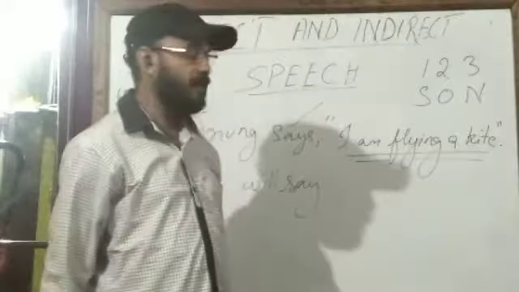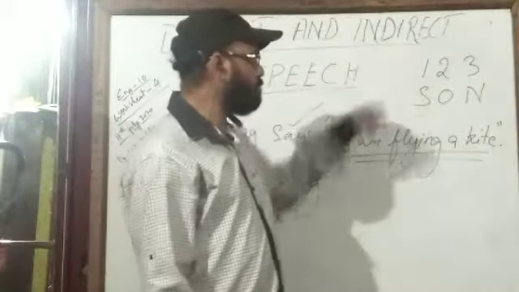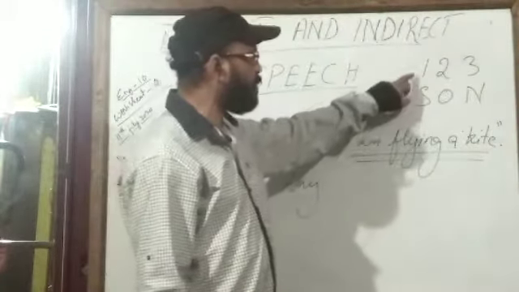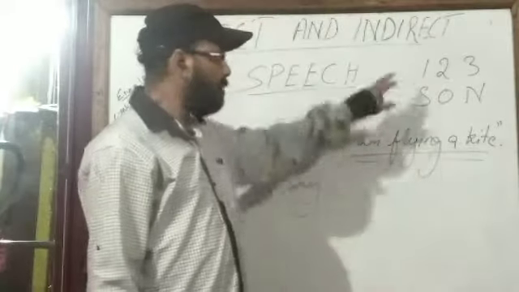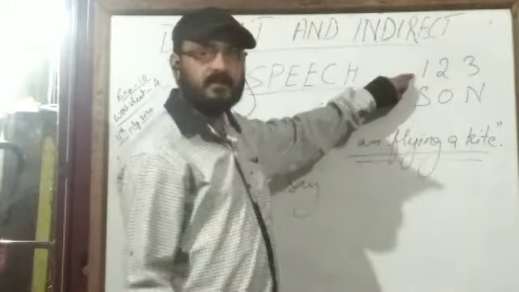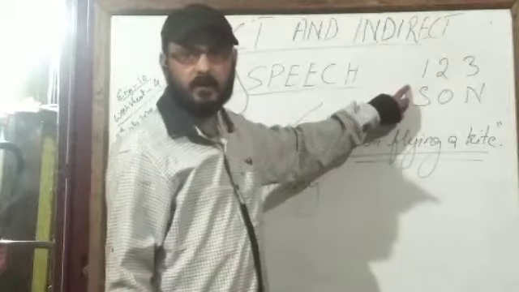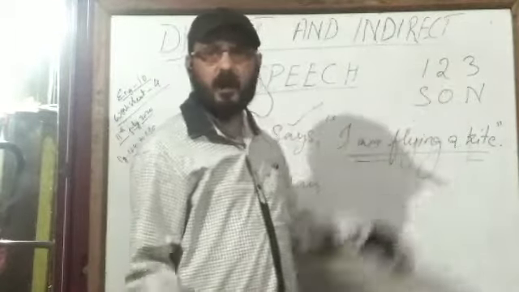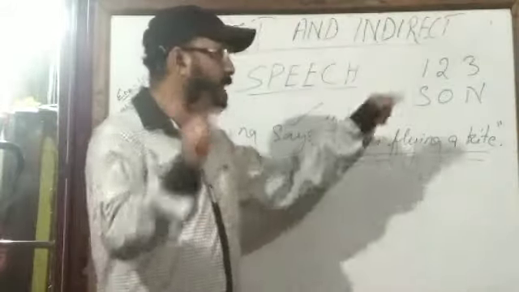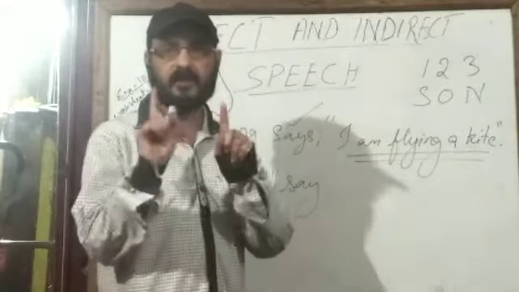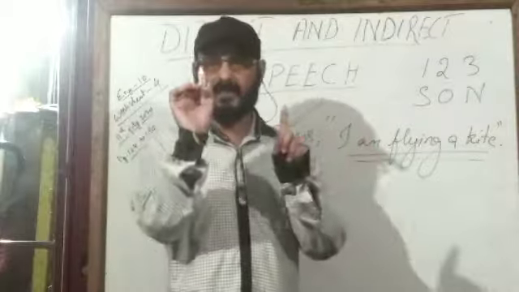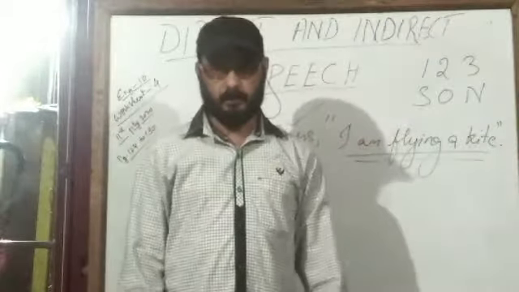That means the first person changes to the subject of the reporting verb, the second person changes to the object of the reporting verb, and the third person does not change. There shall not be any change when the subject is in the third person.